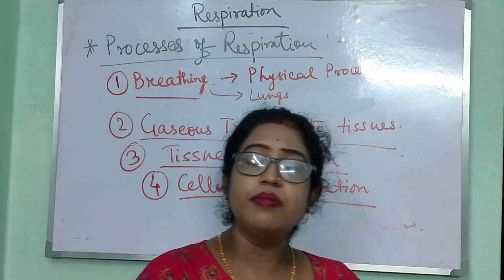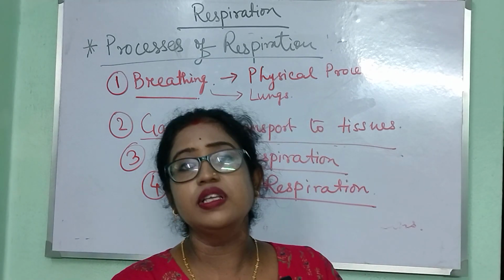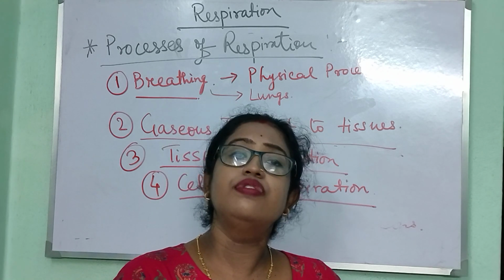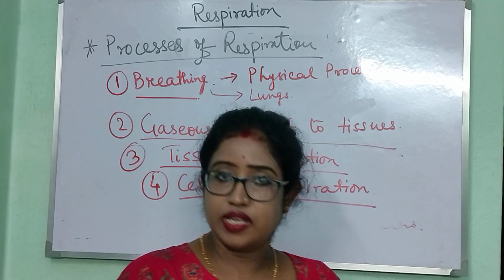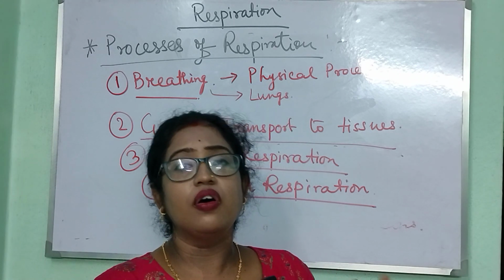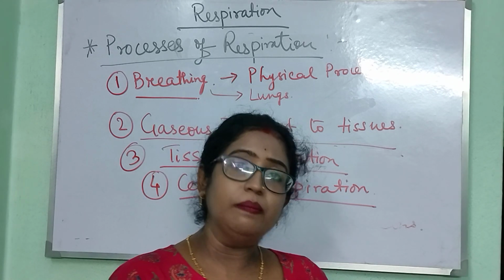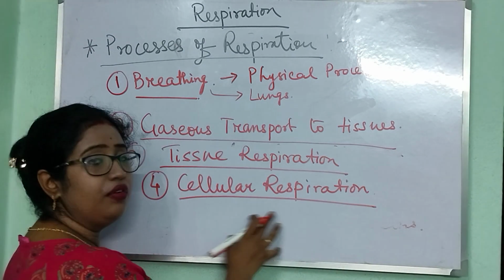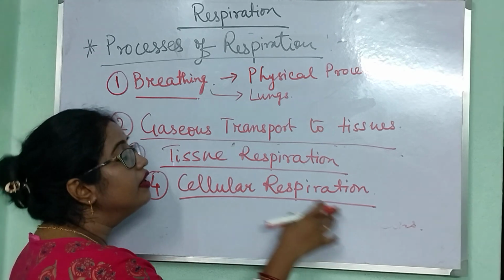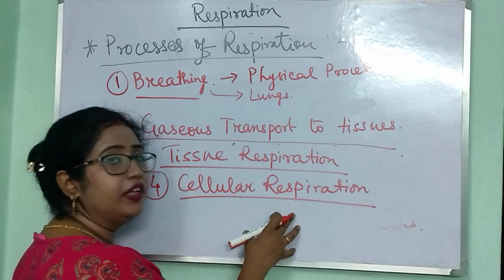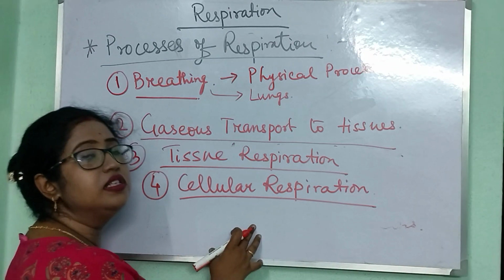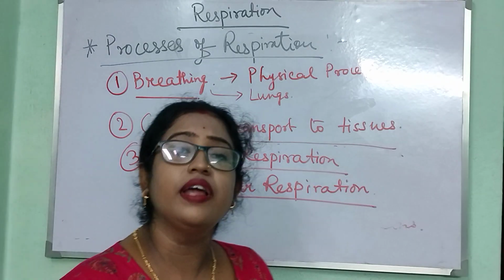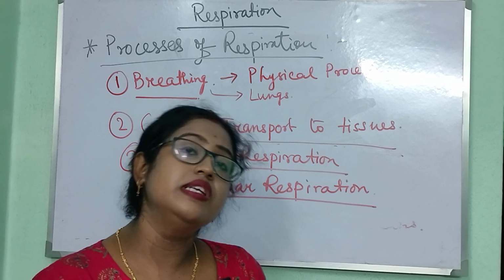The oxidation of glucose occurs in the cells and the respiration process is completed. So in cellular respiration, the breakdown of glucose is completed with the help of the oxygen molecule, carbon dioxide is formed as an end product, and energy is also released.